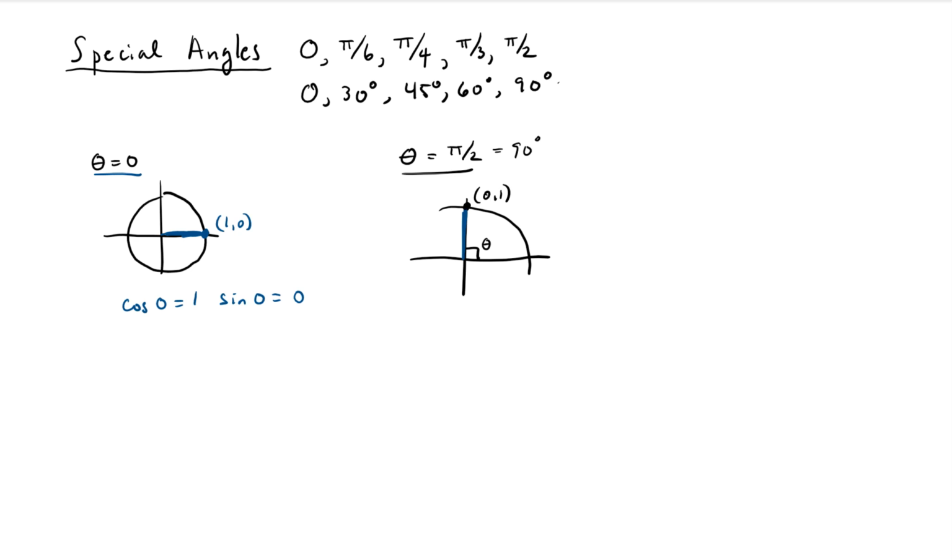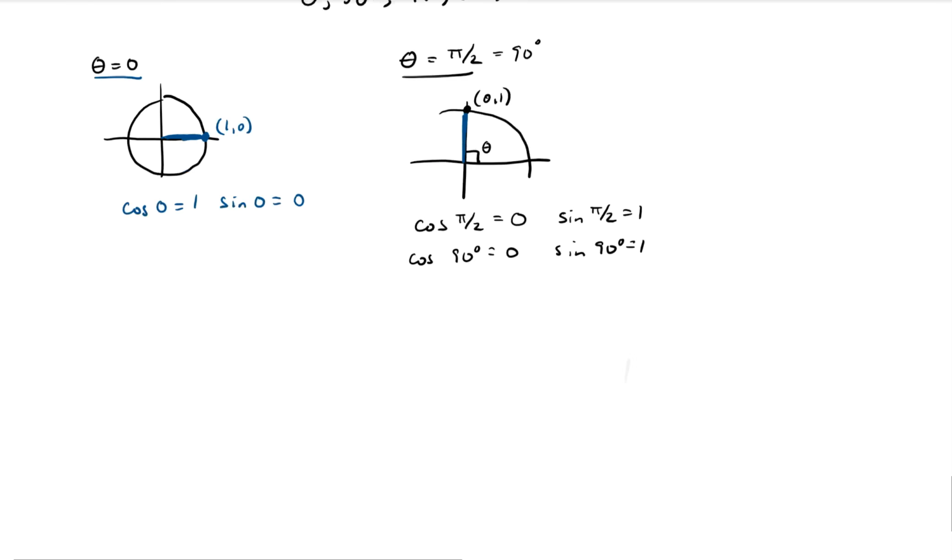That's going to be cosine and sine. So cosine of pi over 2 is 0, because the x-coordinate is 0 at that point, and sine of pi over 2 is 1. Similarly, cosine of 90 degrees is 0, and sine of 90 degrees is 1. So that's pretty easy.